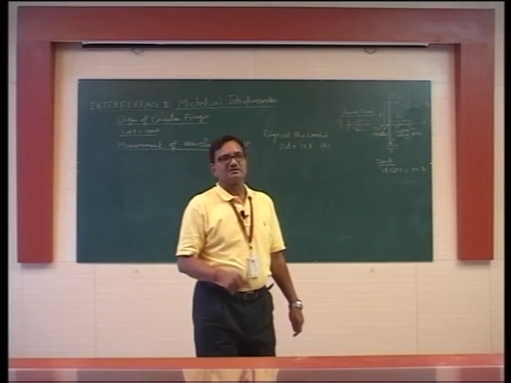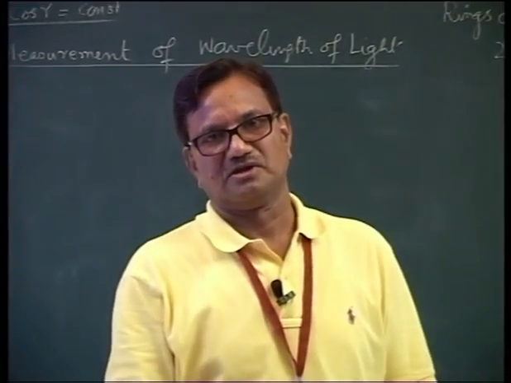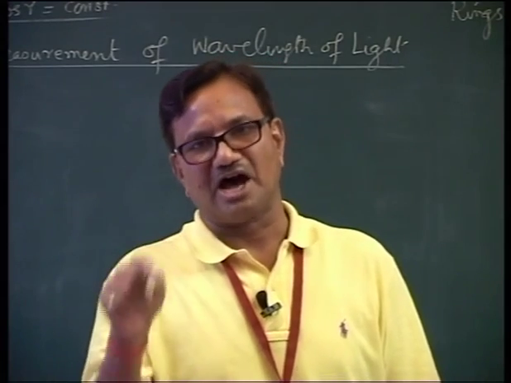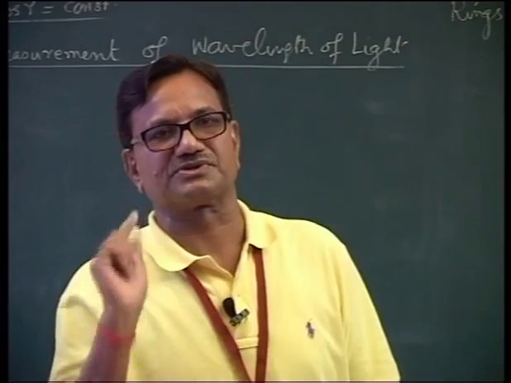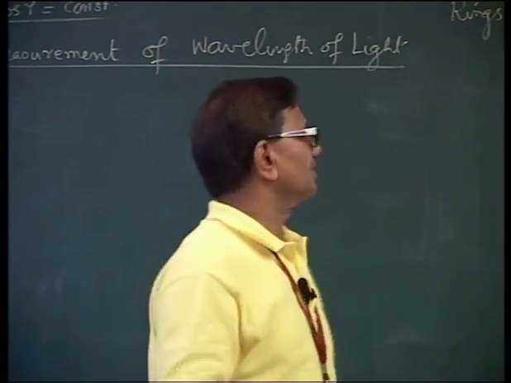What is that? The center of Newton's rings is always dark, but the center of Michelson's rings may be bright or dark depending on the separation between the mirrors. This differentiates Newton's rings from Michelson's rings.